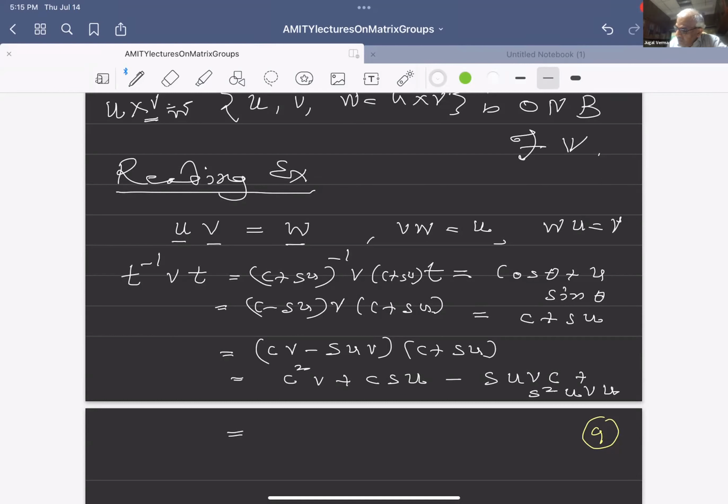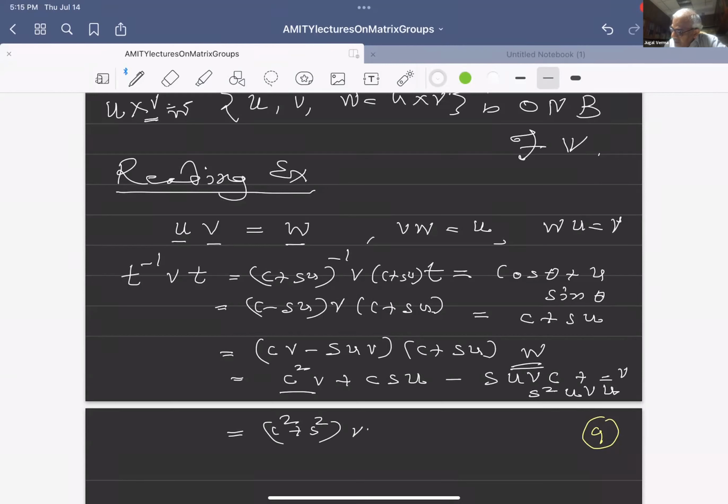Now UV is equal to W, so UVU is WU, and WU is V. So I have C square V and S square V.